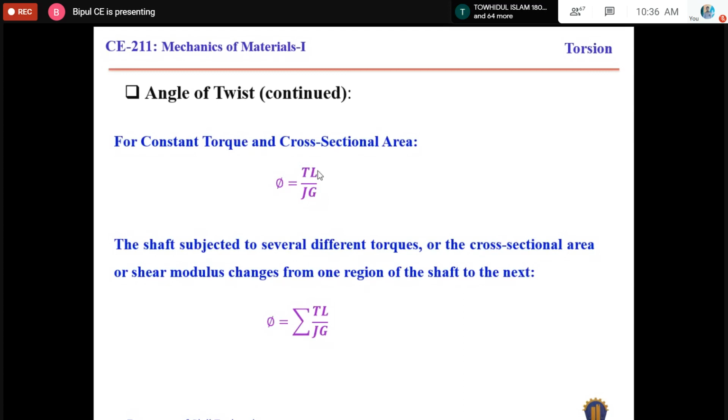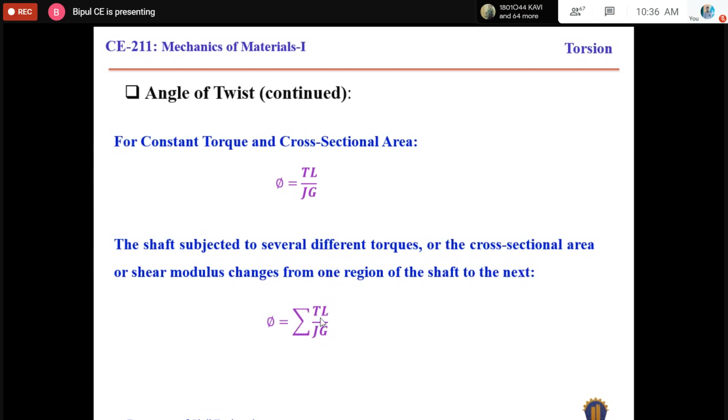And if the shaft is subjected to different amounts of torque at different locations, and if the cross section of the shaft varies from point to point, then the angle of twist from one end with respect to the other end will be the sum of TL/JG.